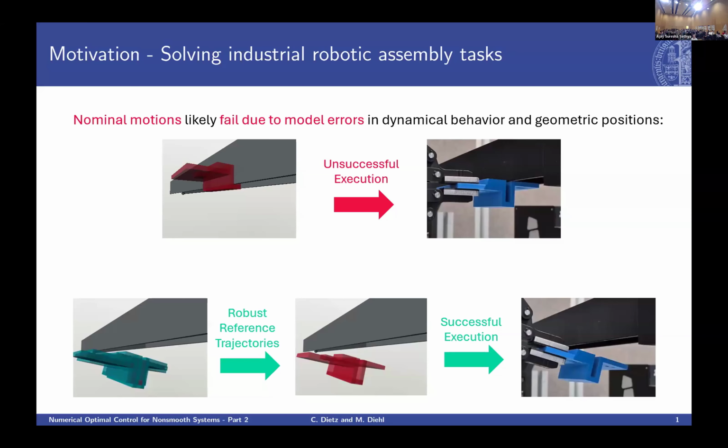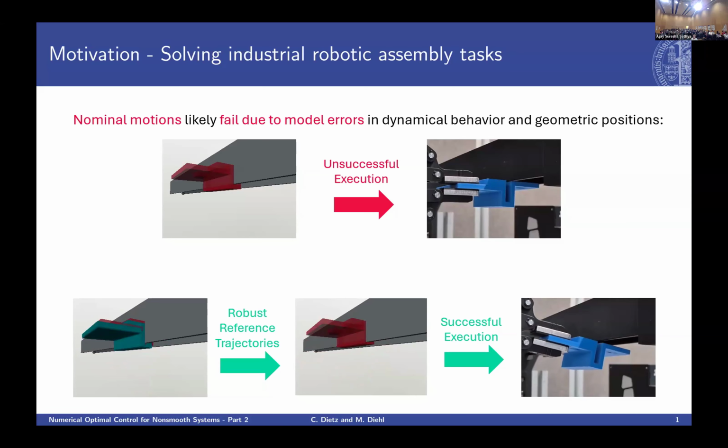And we then optimize the reference trajectory in a way such that it brings all object instances to the goal position. And what we obtain is a robust reference that has the sliding behavior that then also results in a successful execution on the real system.